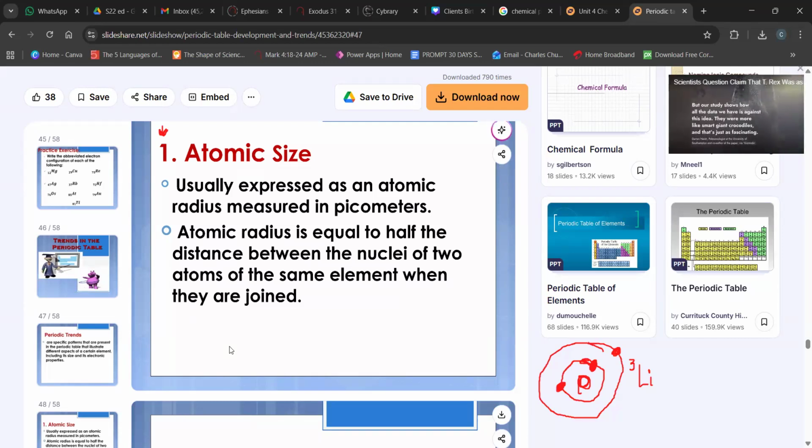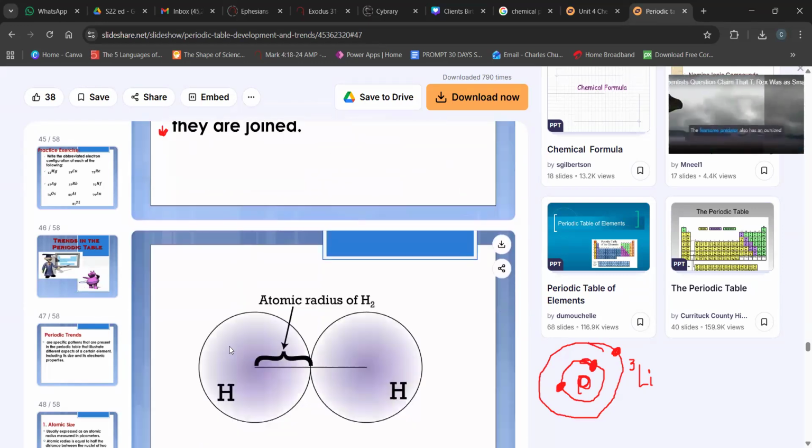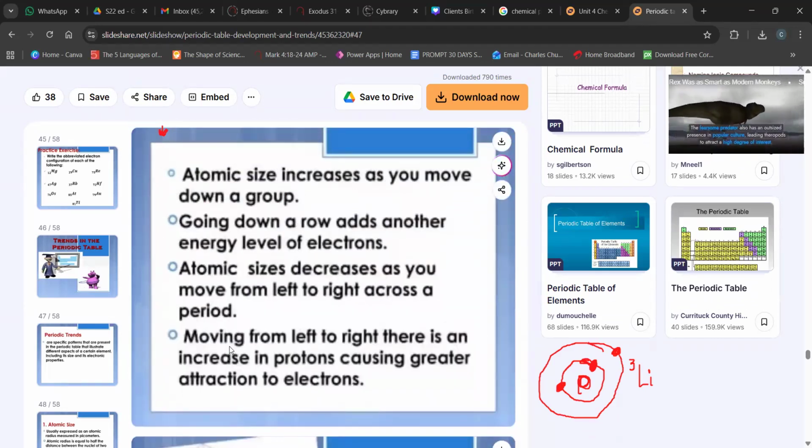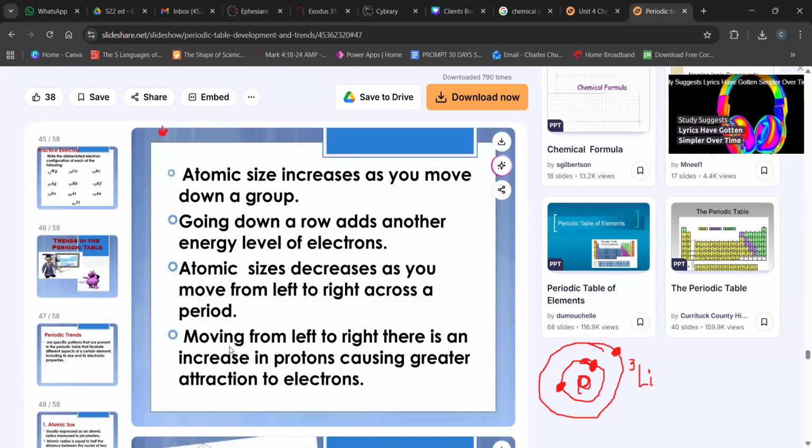It's just for you to understand that the atomic size is an indicator of the size of the atom. So down a group, how does it play? It increases as you move down a group. Did you get that? The atomic size is a trend. It increases as you move down a group.